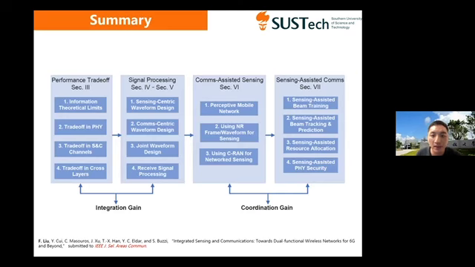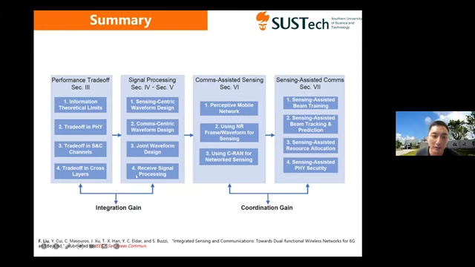Okay, finally, a summary. We have talked about the performance trade-off. We have talked about signal processing, in particular the waveform design, receive signal processing, and communication-assisted sensing using the NR frame structure, using the C-RAN architecture for network sensing, and sensing-assisted communications.